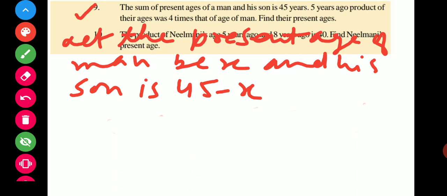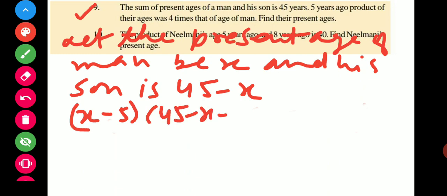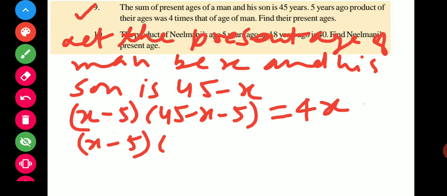First find the product 5 years ago, so that is x minus 5, and here is 45 minus x minus 5, which is equal to 4 times the age of man. 4 times age of man. Now it is x minus 5, and it becomes 40 minus x is equal to 4x.